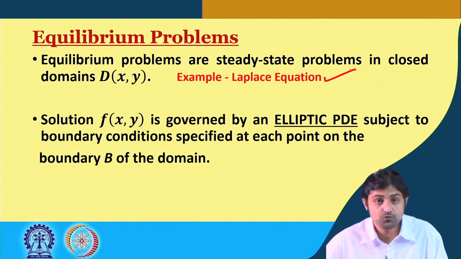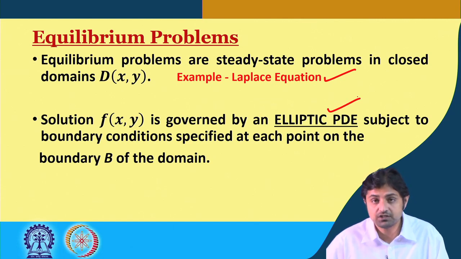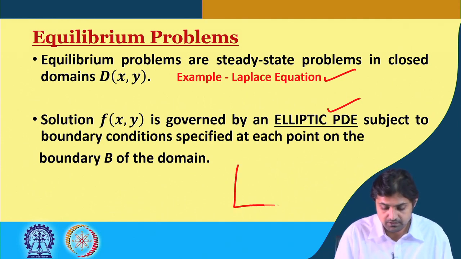So, here the solution f of x comma y is governed by an elliptical partial differential equation subject to boundary conditions specified at each point on the boundary B of the domain. So, the solution of the Laplace equation is governed by an elliptical partial differential equation. This is an important thing to remember. Okay, and of course, the solution will depend upon the different types of boundary conditions that have been specified at each point on the boundary B of the domain.